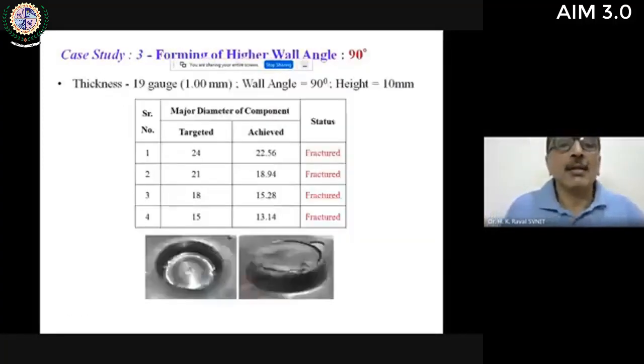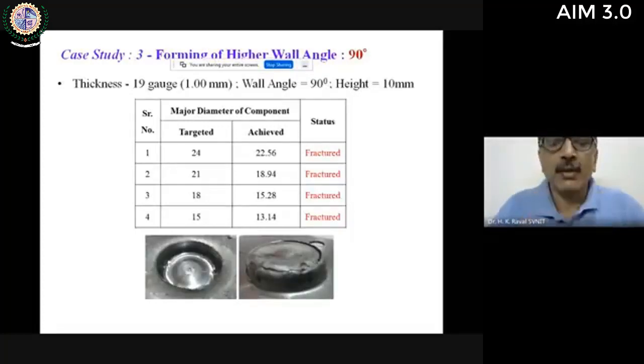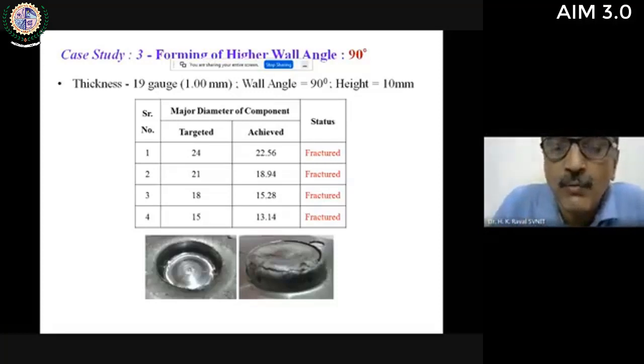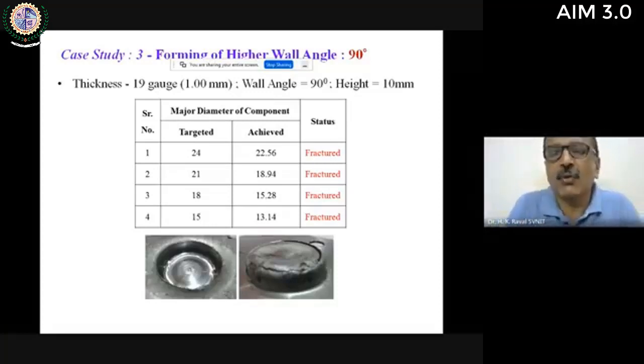So let us have one more slide that discusses the possibility of forming the cup or cone which is 90 degree. I should not use the word cone, because a 90 degree cone cannot be, it is a cylinder, it is not a cone. But still, we tried to form the 90 degree angle, but unfortunately, we failed in all the attempts.